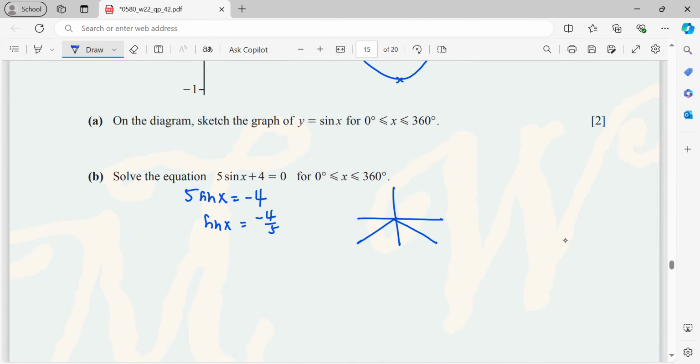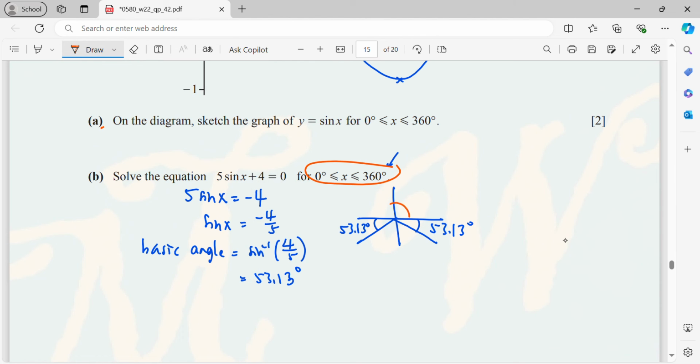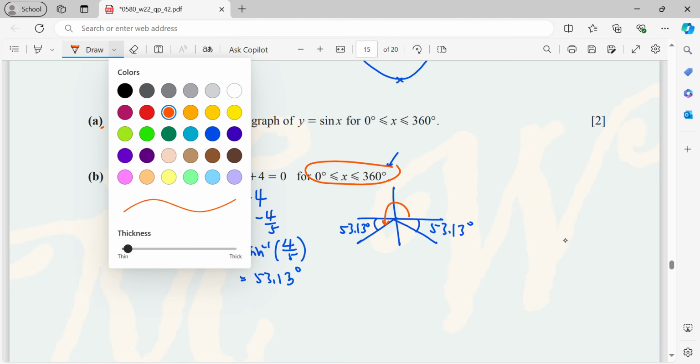So now I will write down the basic angle. That is inverse sine or arc sine 4 over 5. Then from calculator, leave it in degrees because your x is in degrees. That is going to be 53.13 degrees. So working gives more decimal places. So now our angle, because starting from 0 until 360, so it will be in this direction, right?